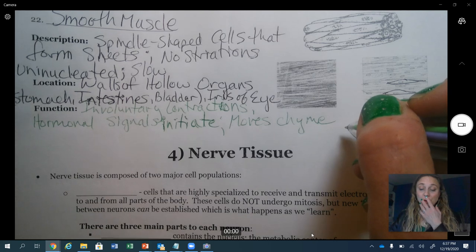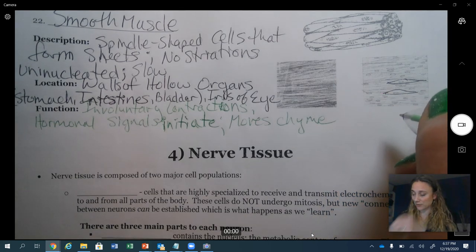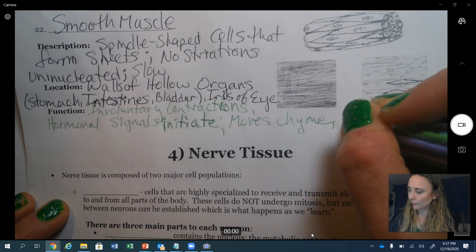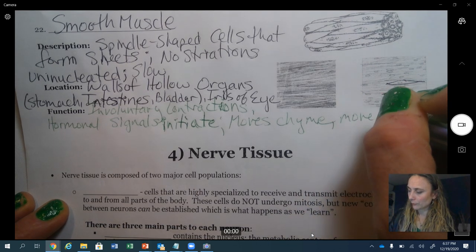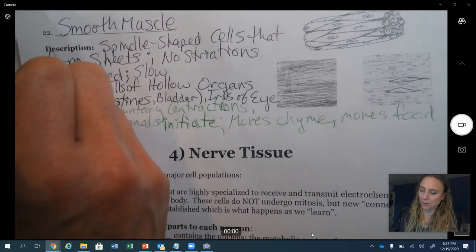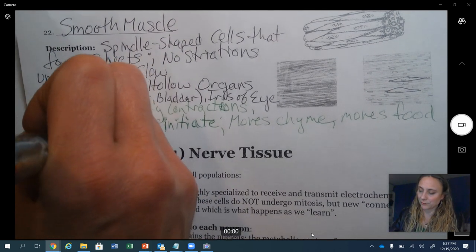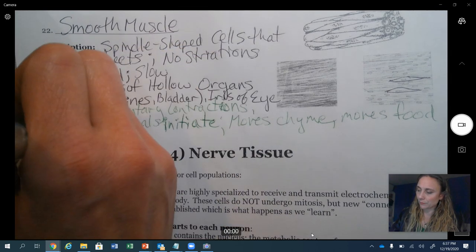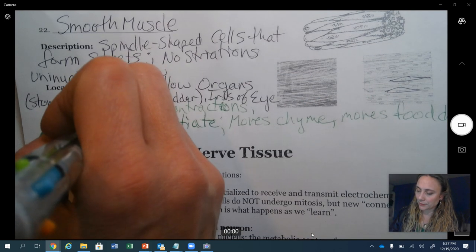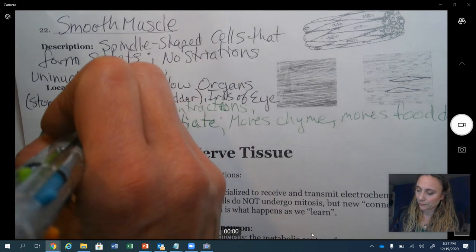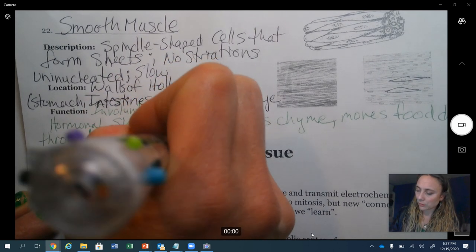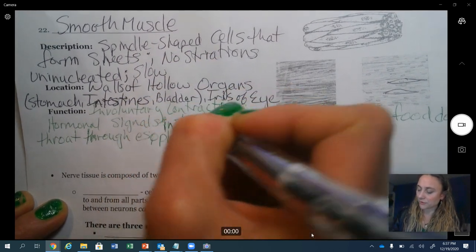By the way, your esophagus too is another one. Moves food down your throat and into the stomach, through your esophagus. Chyme is partially digested food, right? We'll study that more when we study the digestive system.